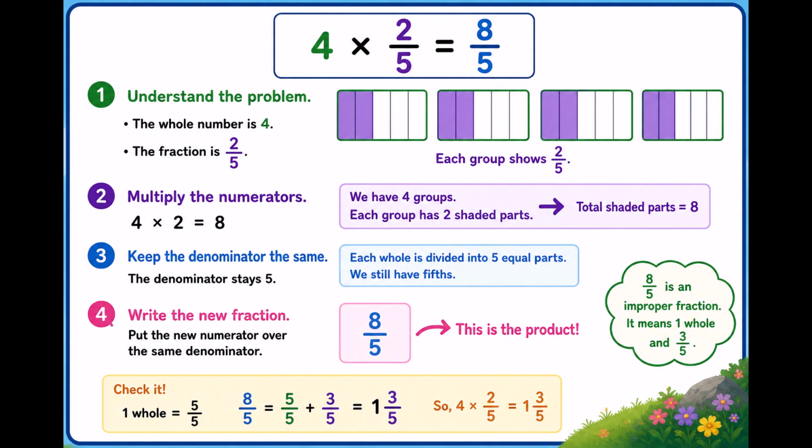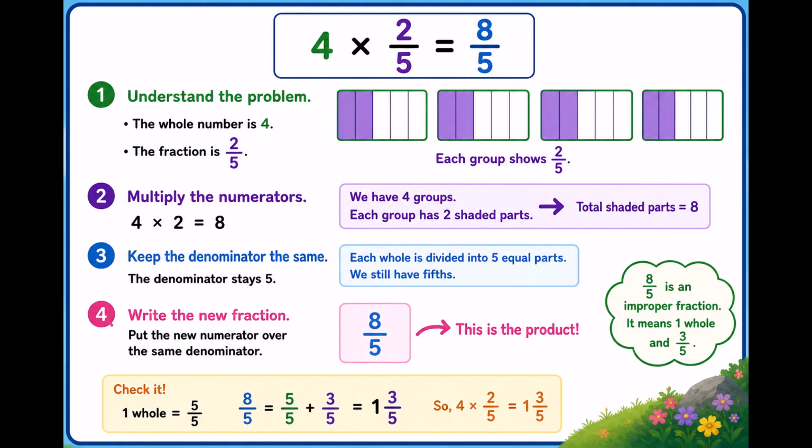That means whatever that fraction has as a denominator goes over to the answer and remains the same. So the denominator in this case stays 5. So 4 times 2/5 equals 8/5.